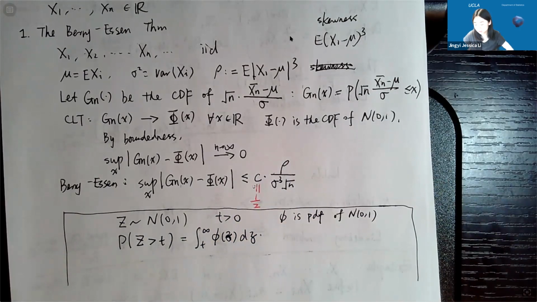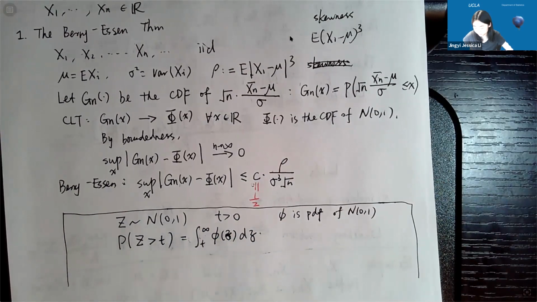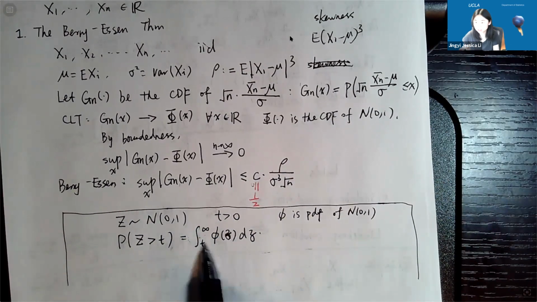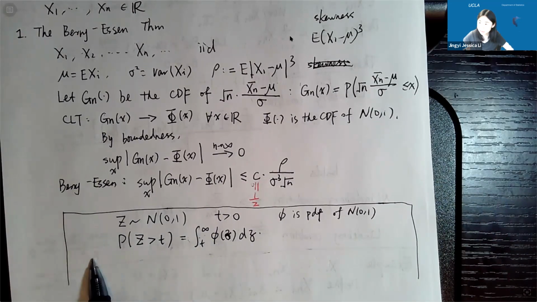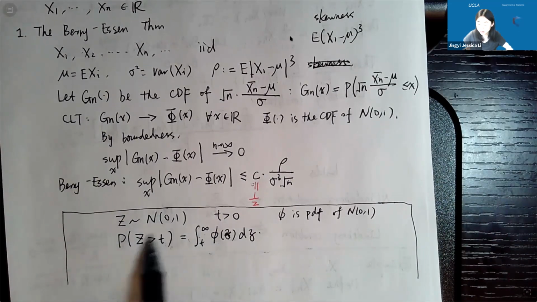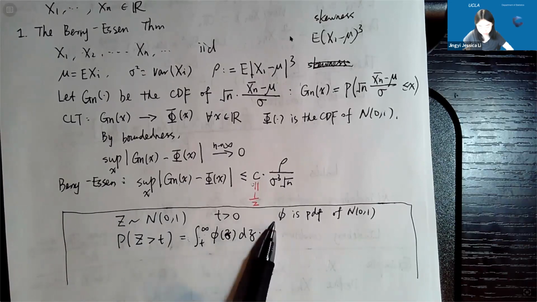Even though we can use a computer to do this calculation, we cannot really write it out in terms of t. So here we want to give it an approximation. And this is a very fun thing to know. We can actually have an upper bound and a lower bound for this tail probability just based on the PDF.